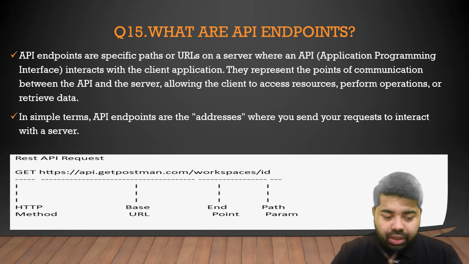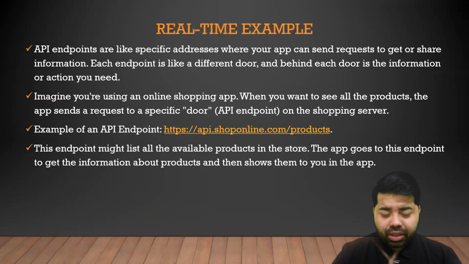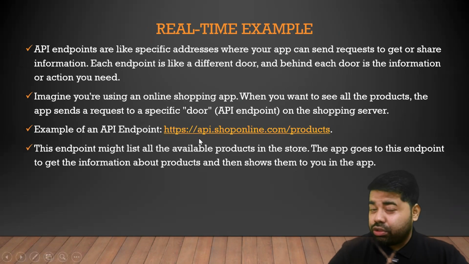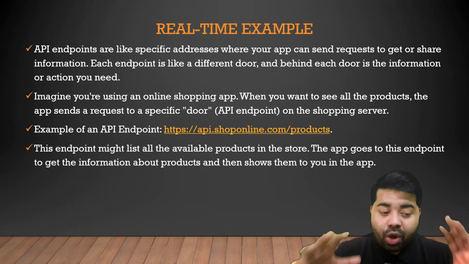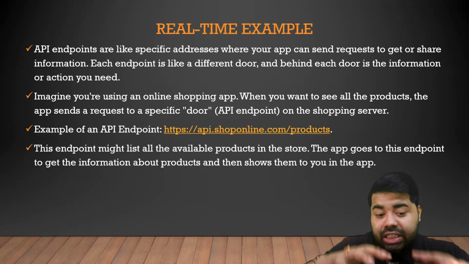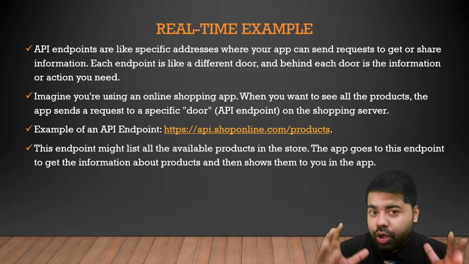I have another example. Suppose you are going to use Amazon, and you want to search for a product. API endpoints are like a specific address where your app can send a request to get or share information. Each endpoint is like a different door.